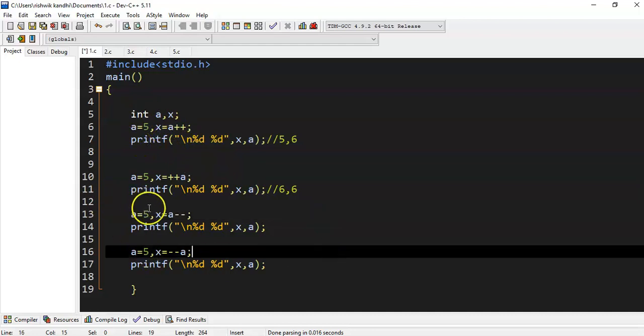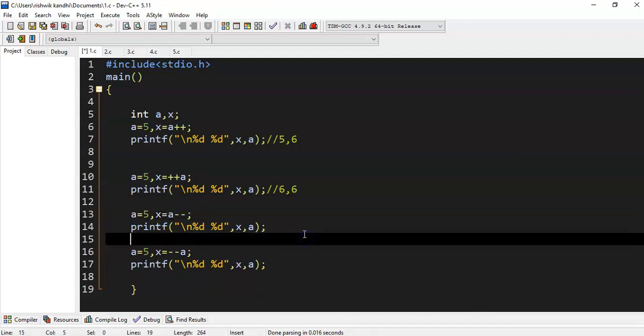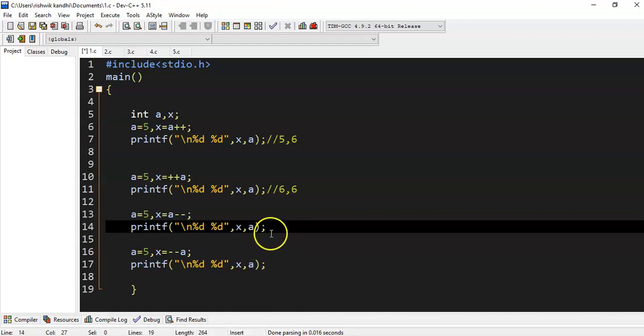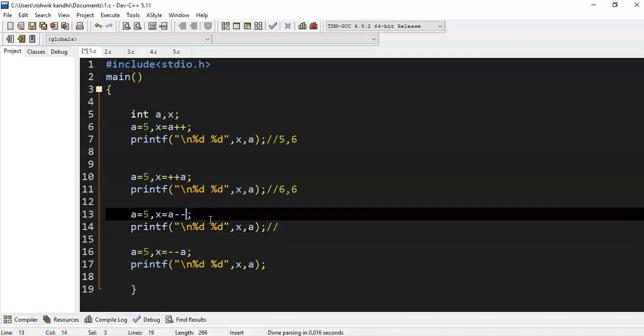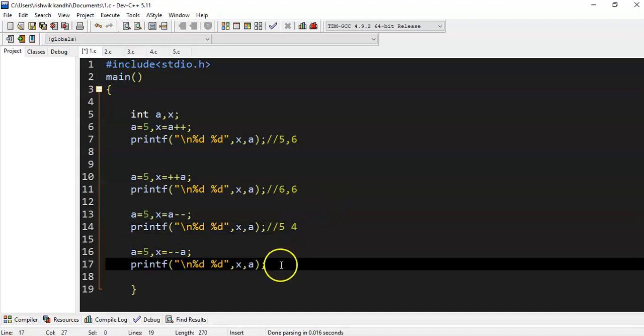Now if you take a equal to 5 and x = a--, that is a post decrement. Decrement will subtract one value. Everything is the same, the only thing is that it will subtract one value. As it is a post decrement operator, the x value, that is a--, will be the original value of a, but a will be the decremented value, that is 4, similar to the post increment operator.